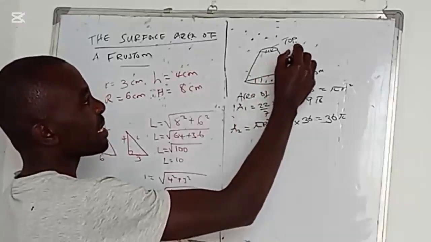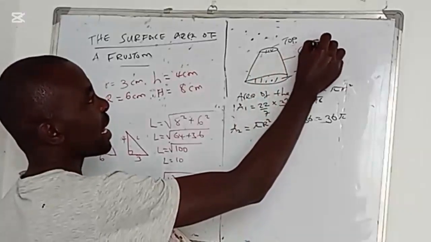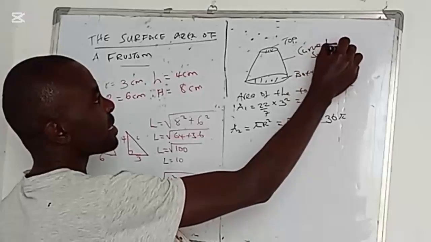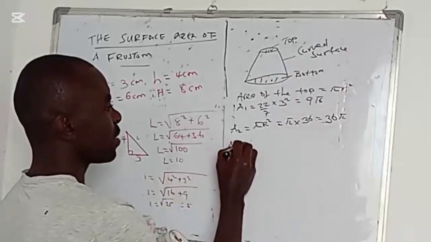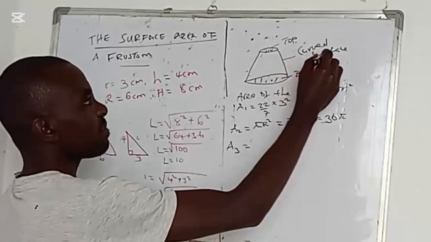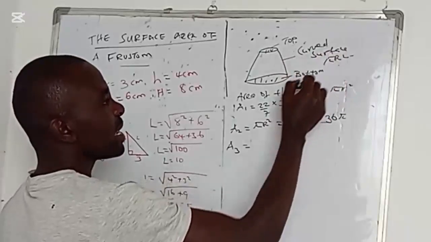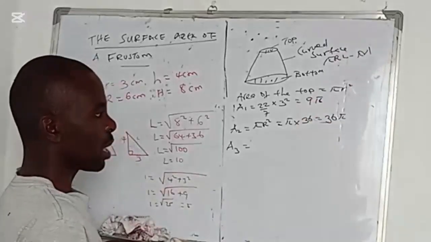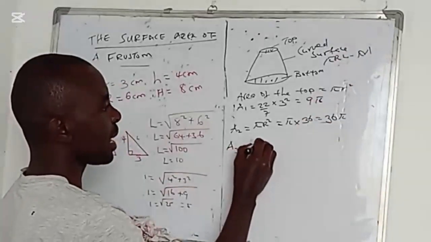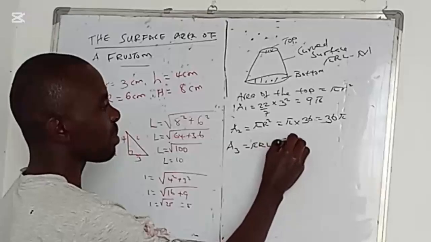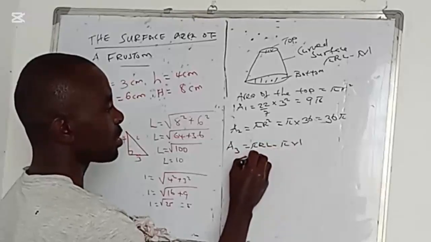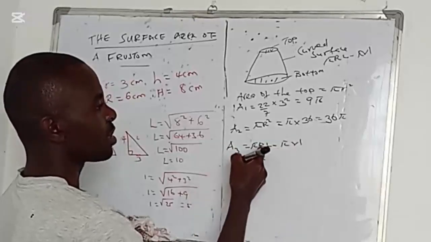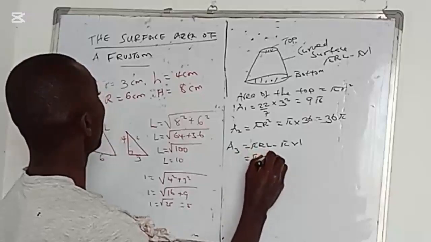Then the other part that is left is the curved surface. And the curved surface, I call it area 3. We've said the curved surface is given as the curved surface of the bigger one minus the curved surface of the smaller one. Therefore, it is pi RL minus pi rl. What is my big R?